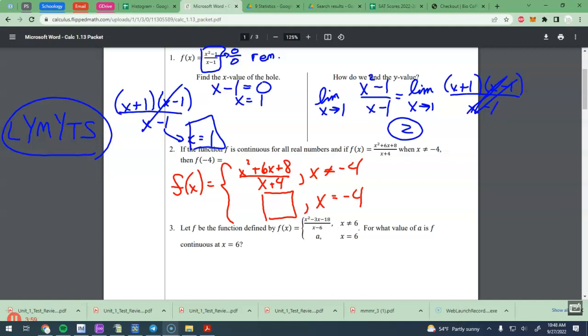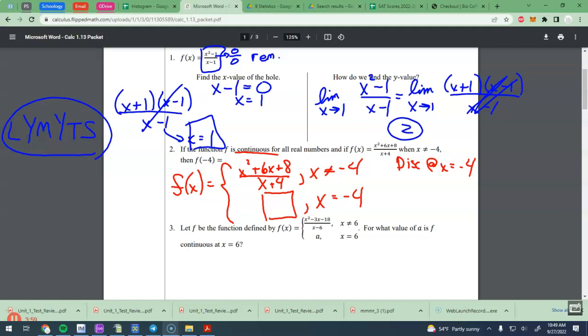So if I just look at this piece, this has a discontinuity. Where does this have a discontinuity? At negative 4, and that's because the bottom would equal 0 there, right? So that's got a discontinuity at x equals negative 4. But the question says it's continuous everywhere.